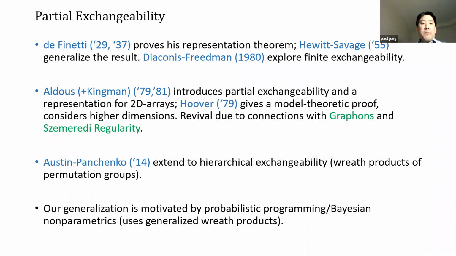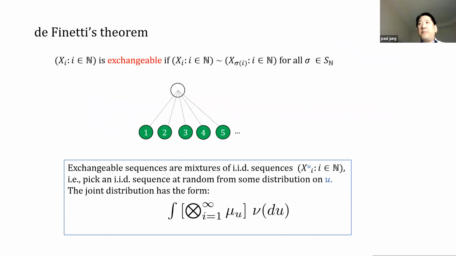So anyways, this is the structure of our theorem, and the motivation of our theorem was in applications to probabilistic programming and some applications in Bayesian nonparametric statistics. Okay, so that's just an introduction, and now let me very briefly review De Finetti's theorem for those of you that maybe haven't dealt with exchangeability in a long time.